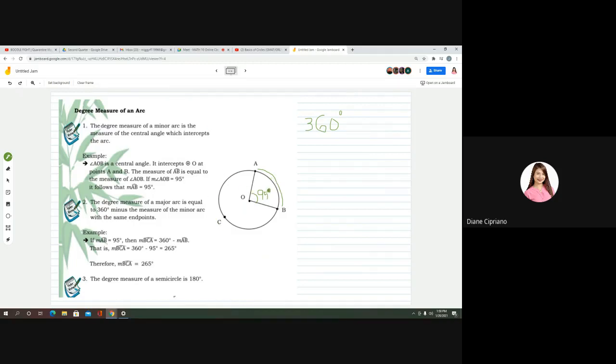In this case, we are looking for the value of the major arc. So this is the minor arc, and this is the major arc. Now, what would be the value of our major arc, VL?